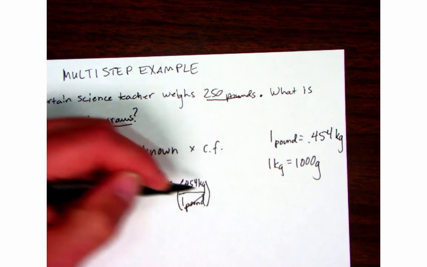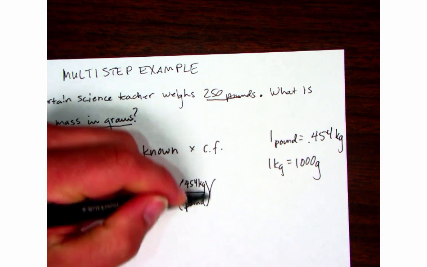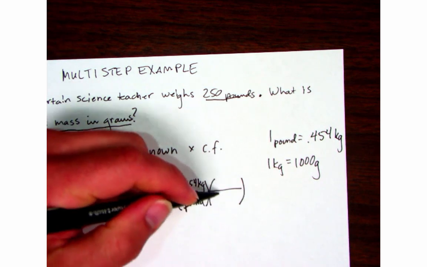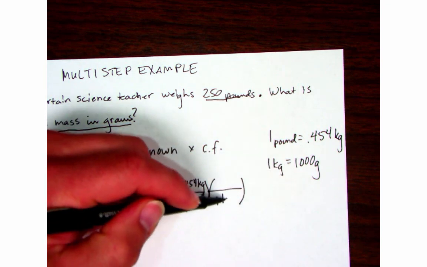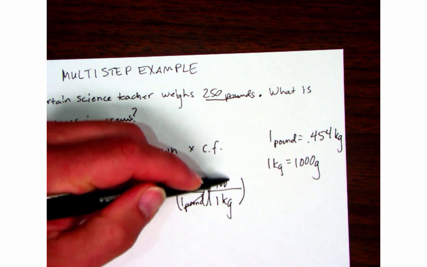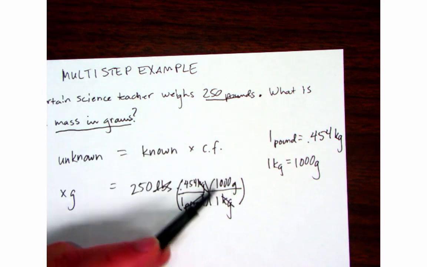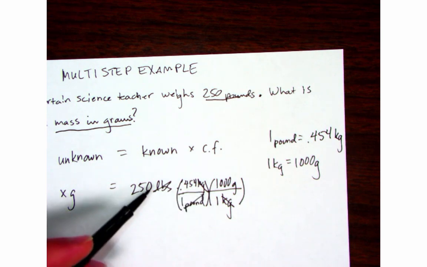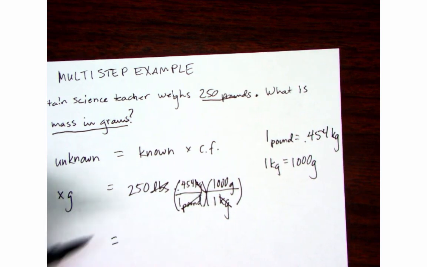Now, I have kilograms, but ultimately I want to get to grams. So now I have to change kilograms, 1 kilogram, into 1,000 grams. Kilograms cancel out kilograms, and now I've got 3 numbers across the top that I can multiply.